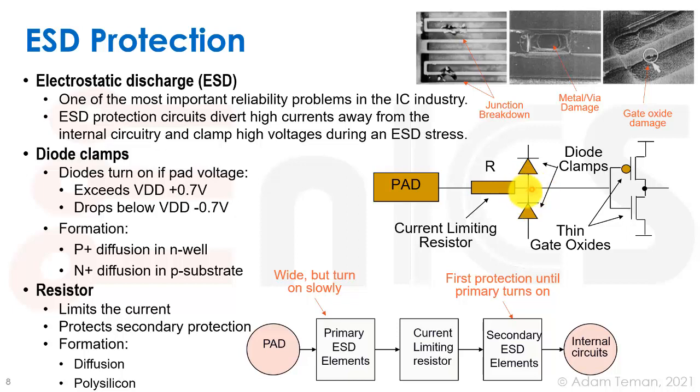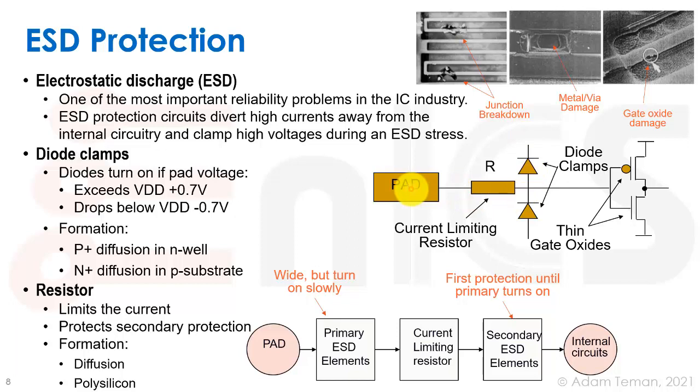Since the level over here in general is going to be between VDD and ground, both of these diodes are in reverse bias, and they don't do anything. But if we have a really high voltage spike, like 1,000 volts or something like that, this diode's going to turn on, and instead of the current and the voltage going in and burning out the gates over here, it's going to discharge that through the diode.